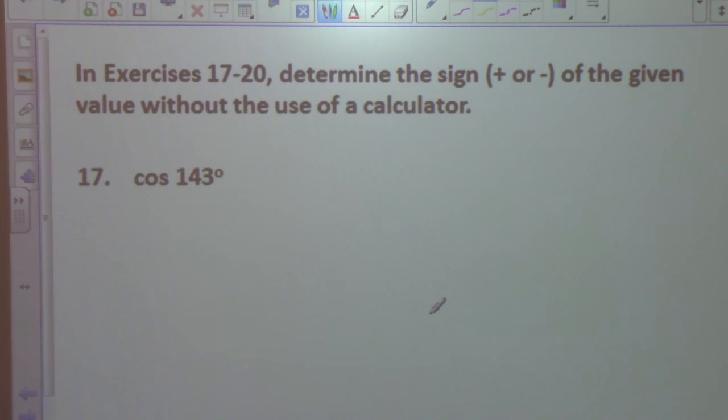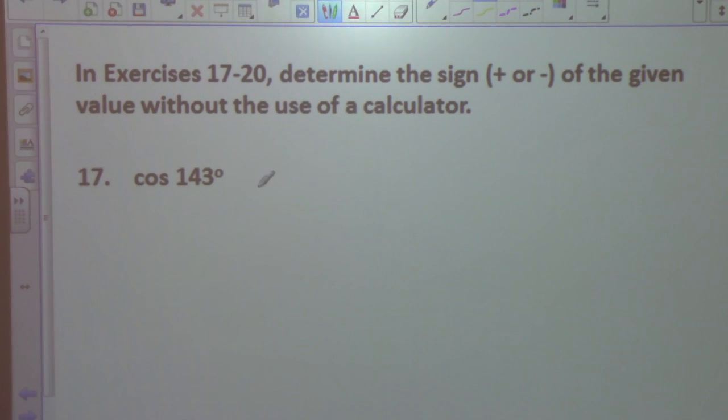Okay, now next, 17 through 20, we're just determining the sign, positive or negative, of the given value without the use of the calculator. Well, I happen to know, for instance, that 143 degrees is in which quadrant? In quadrant 2. Does everybody understand that? Quadrant 2, between 90 and 180 degrees.